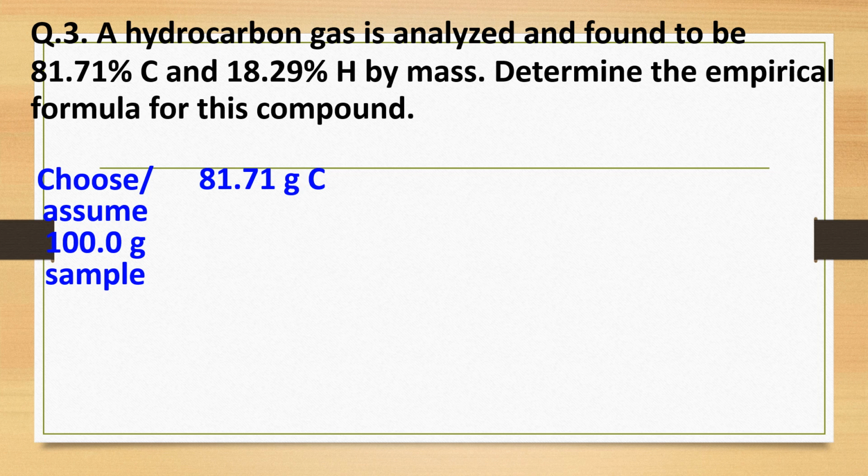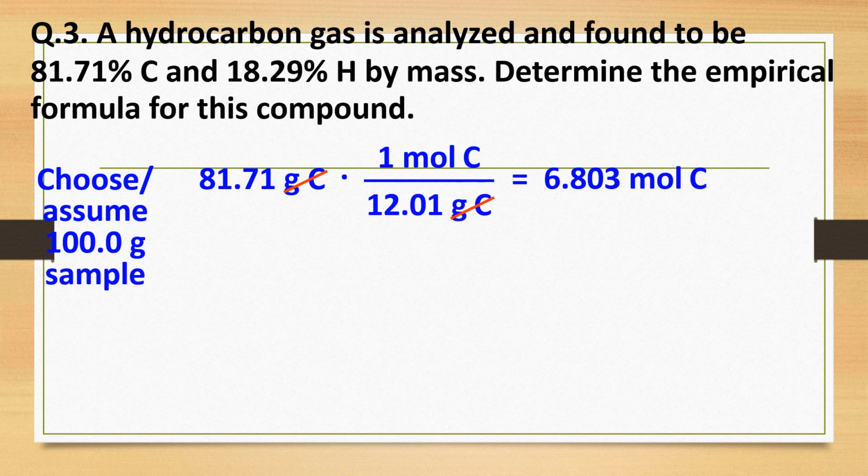So in this case, it's 12.01 grams. After you eliminate the units of grams, you have a mole number. So in this case, you have 6.803 moles of carbon. And then the rest of it, of course, is hydrogen.